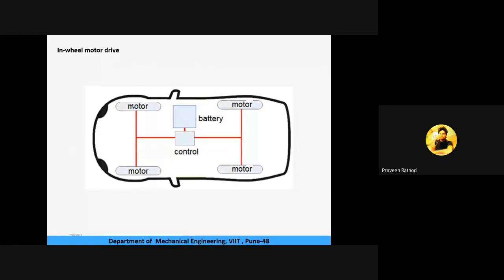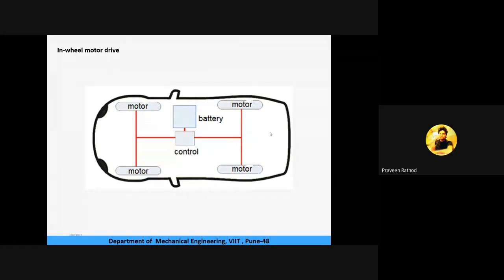This is also connected to the control unit, so that all the motors can be controlled with the help of this control unit, and a single battery pack can be used to control these four, different types of motors. Okay, so this can add more cost to the vehicle, because an individual motor will be used at the individual wheels.